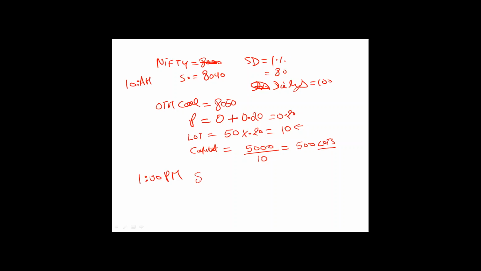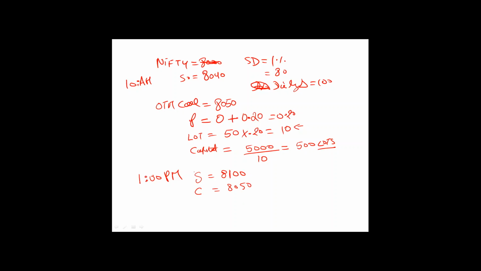So the spot now becomes 60 points up, that means 8100. So from 8040, it increased in one single day, let's say till 1 p.m., just 60 points. Which means around a half percent, more than half, a 0.75 percent increase. So if it goes to 8100, then your call which you purchased at 8050 becomes in the money.